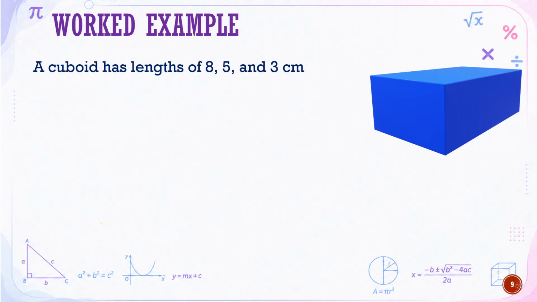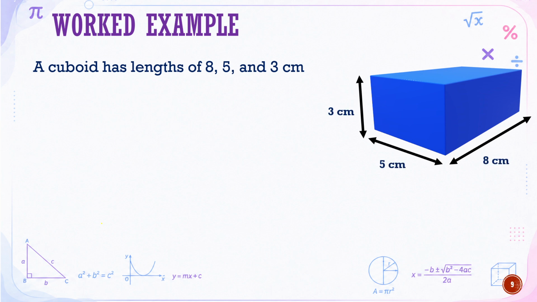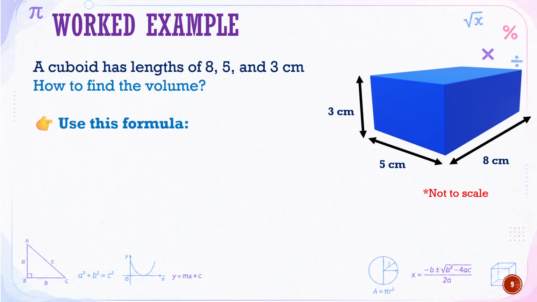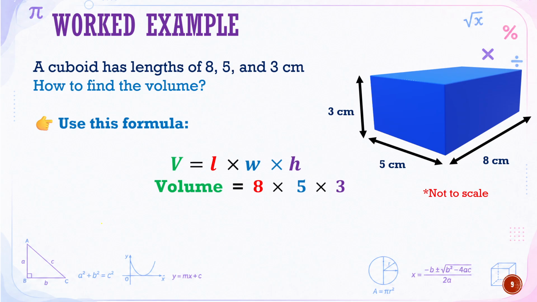So assume you have this cuboid having the lengths of 8, 5 and 3 respectively for height, width and length. Now let's take a look how to have the volume calculated. We have a formula. V is equals to length into width into height. That's why volume is equals to 8 multiplied by 5 then multiplied by 3.